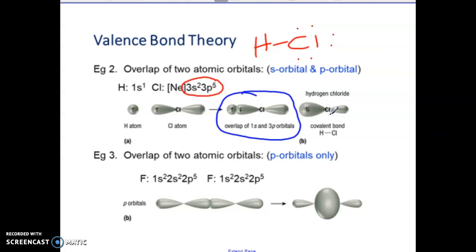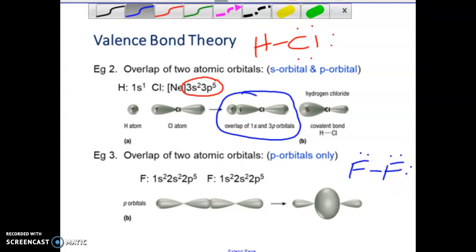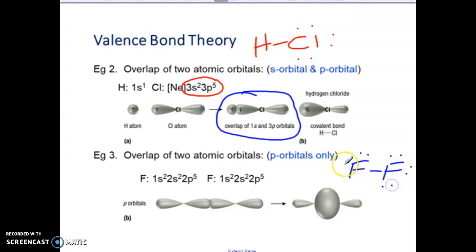Okay, so let's look at another one. Here we have an example of a fluorine. So here is our fluorine. Okay. So fluorine has, again, there's two there, a single covalent bond between the two fluorine atoms.